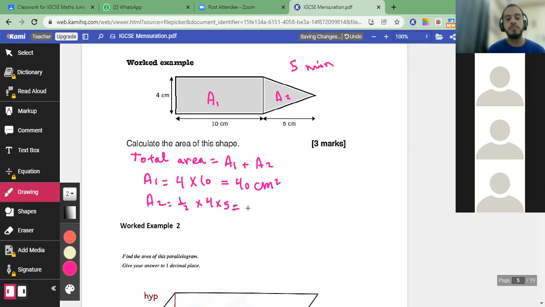I still didn't calculate this. 2 times 5, 10 square centimeter. Correct.